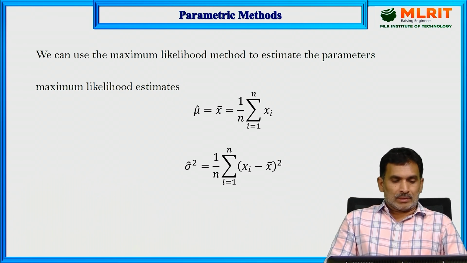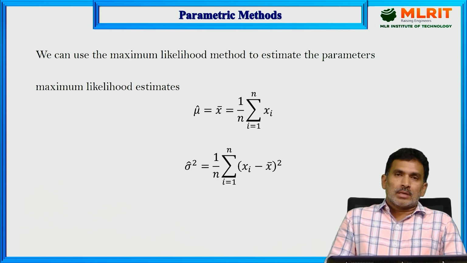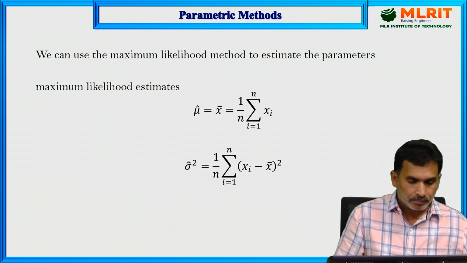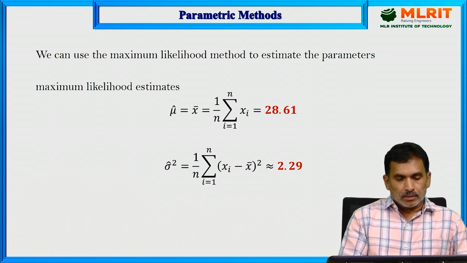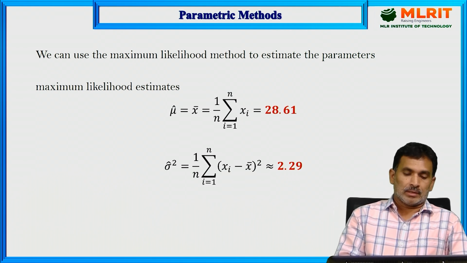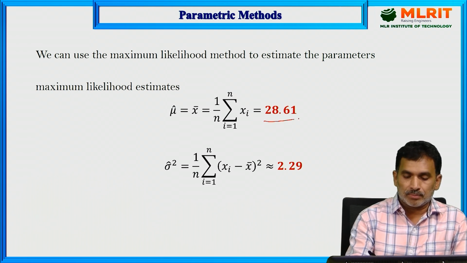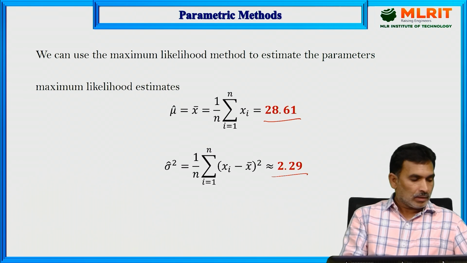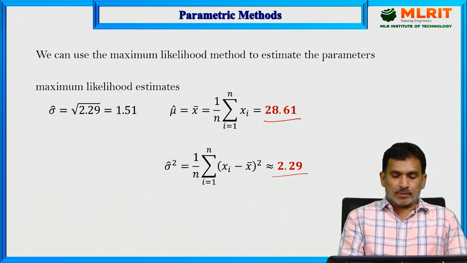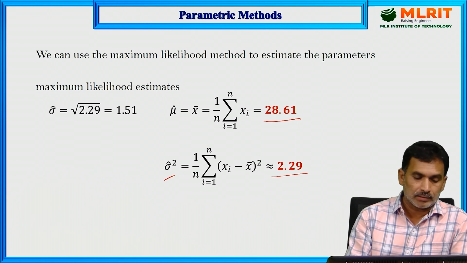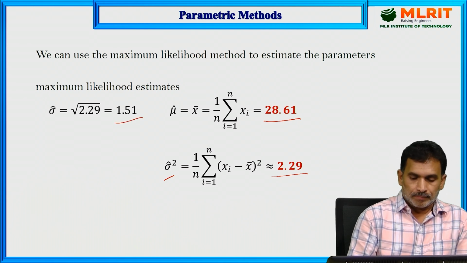Using the maximum likelihood estimates for mu and sigma squared, once we plug the values into these equations, we get the mean as 28.61 and the variance as 2.29. From this we can calculate sigma, the square root of 2.29, which is equal to 1.51.